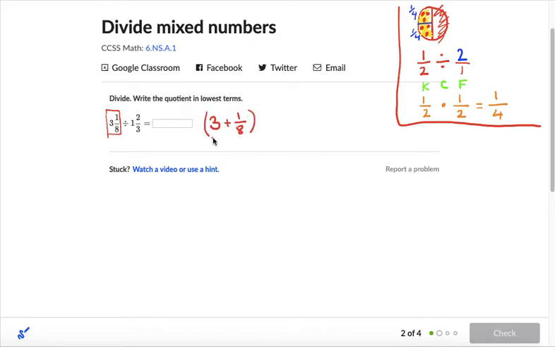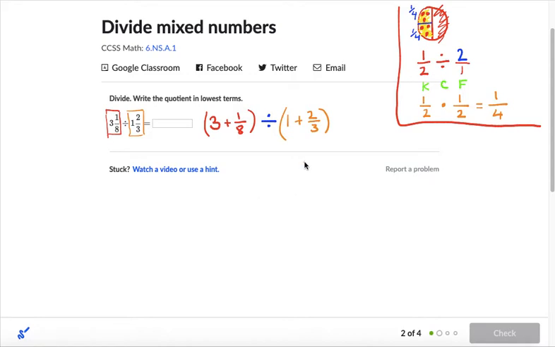I'm going to put that in parentheses. I've got a division going on right here, and then my second one, this 1 2/3, is 1 plus 2/3. All I've done here is break all of this up.